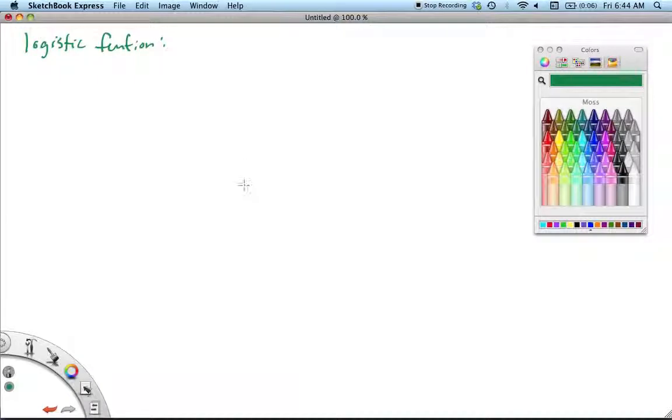So basically, a logistic function is going to have the form of this. And some of you might know that if you just multiply top and bottom by e to the x, this could also be seen as 1 over 1 plus e to the minus x. So these are equivalent. But actually this form is the one that you want to see.